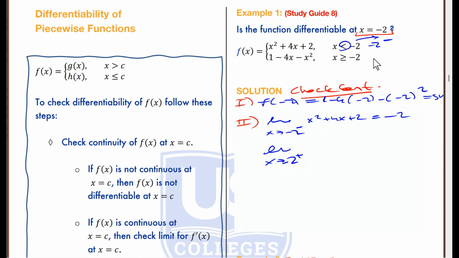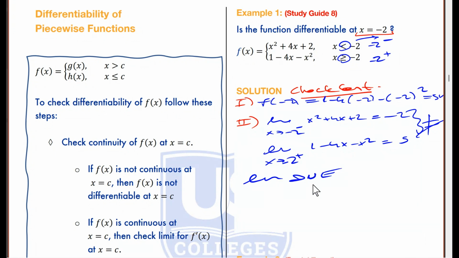Remember, for the right-sided limit, we check the more than condition, whose function is 1 minus 4x minus x squared. Substituting -2 for x, it's 9 minus -2 squared, 4, so 9 minus 4 is 5. So does the limit exist? No, it doesn't. Here I have 5, here I have 2. So the right-sided limit is not equal to the left-sided limit, then the limit does not exist.